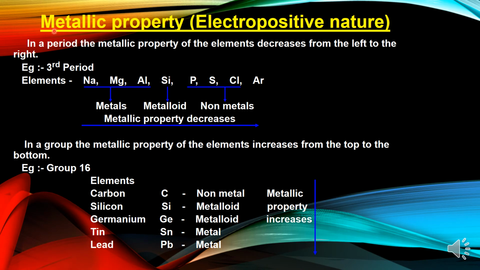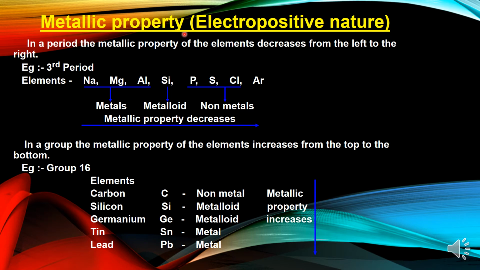Children, I am taking the third period as an example here and I am going to discuss the metallic property. If I am talking about the metallic property, that means I am talking about the electropositive nature.